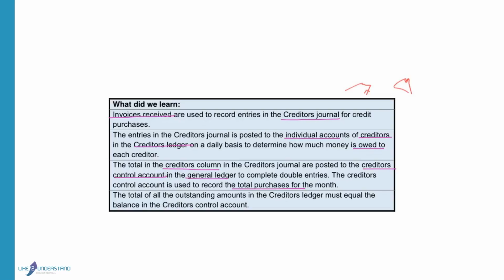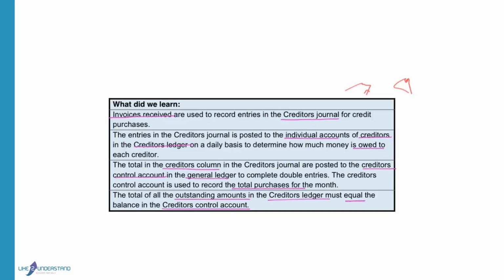Therefore, if you take all your creditors and add all the outstanding amounts at the end of the month, that total in the creditors ledger must be equal to the balance in the creditors control account, because the creditors control account is a summary of all the entries that were entered into the creditors ledger.